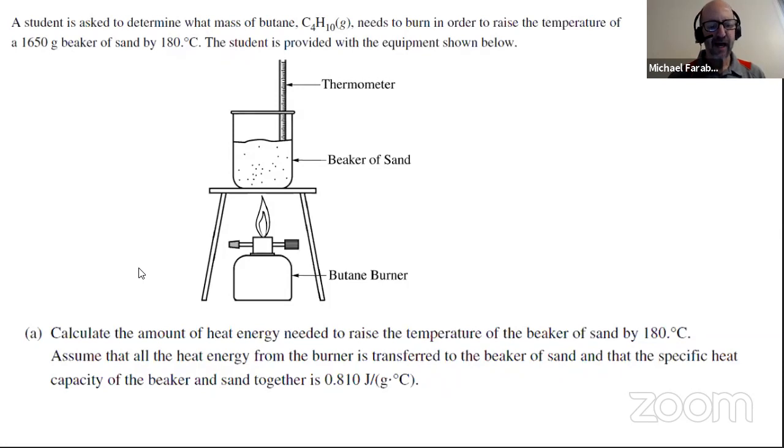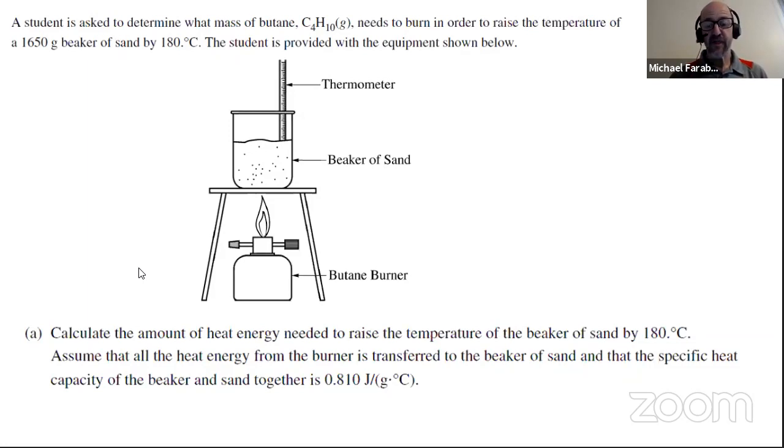Part A, calculate the amount of heat energy needed to raise the temperature of the beaker of sand by 180 degrees Celsius. Assume that all the heat energy from the burner is transferred to the beaker of sand and that the specific heat capacity of the beaker and sand together is 0.810 joules per gram degree Celsius.